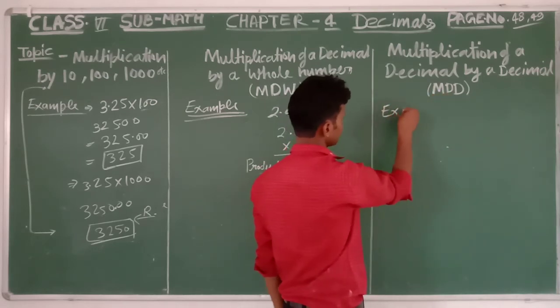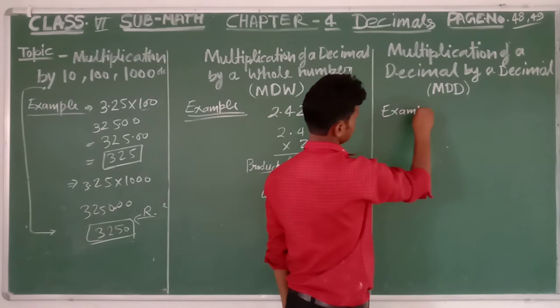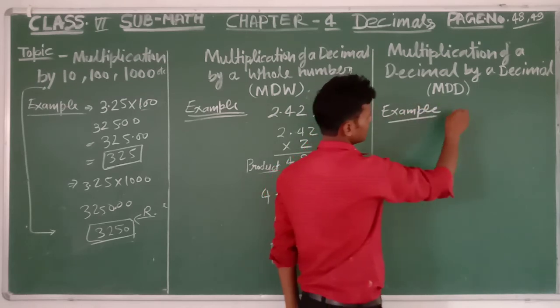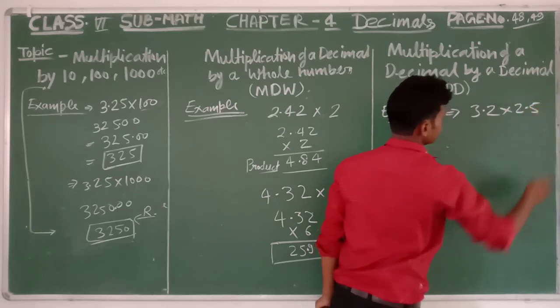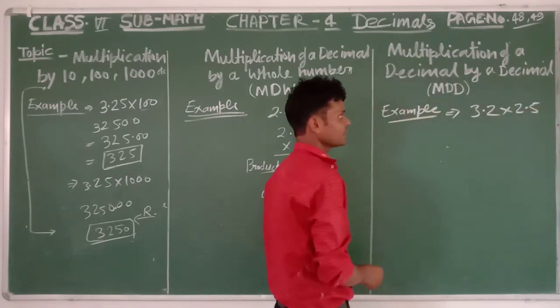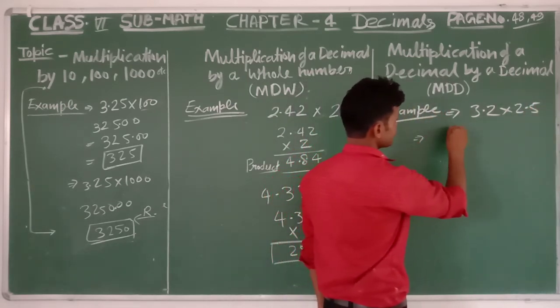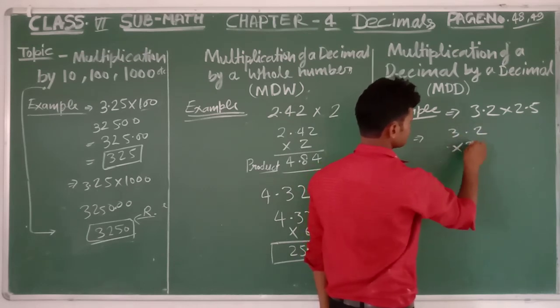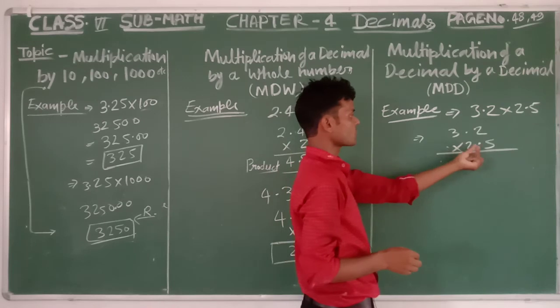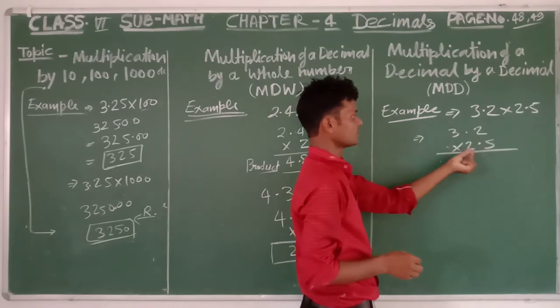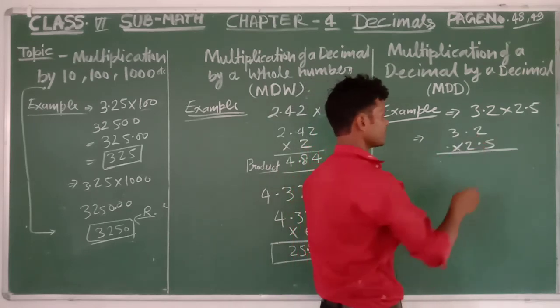Now we are going to take the example 3.2 multiply 2.5. First you write this form. First you multiply, forget your point.